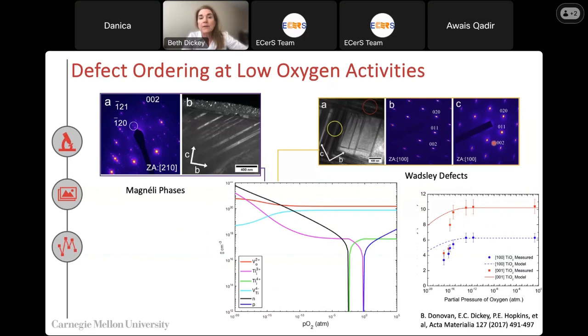Okay. The other thing I want to point out is if you go really to the bounds of having very large populations of point defects, they can start to order and condense. And in TiO2, you get things called Wadsley phases, or at certain partial pressures or concentrations of oxygen vacancies, they can form a series of what are called Magnéli phases.